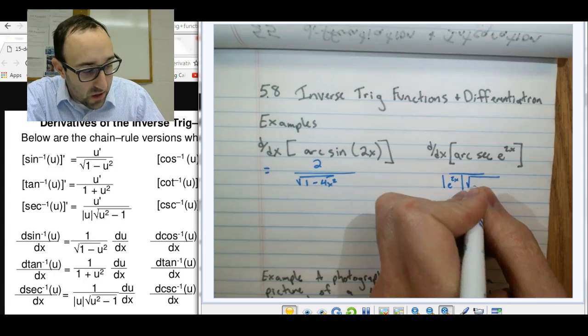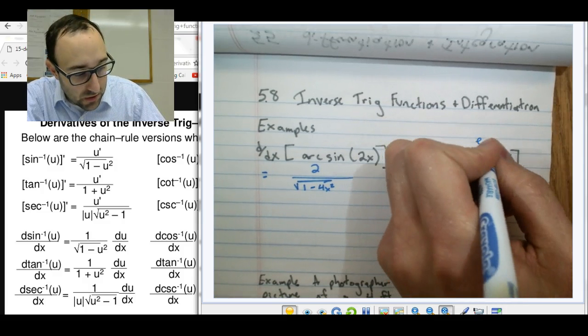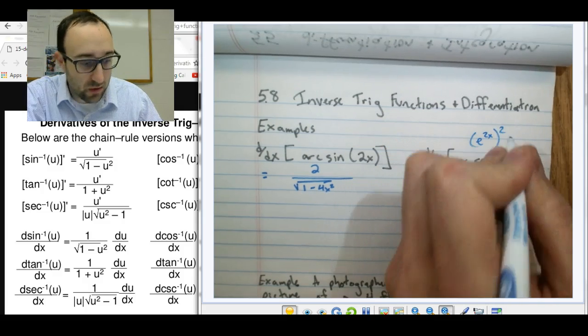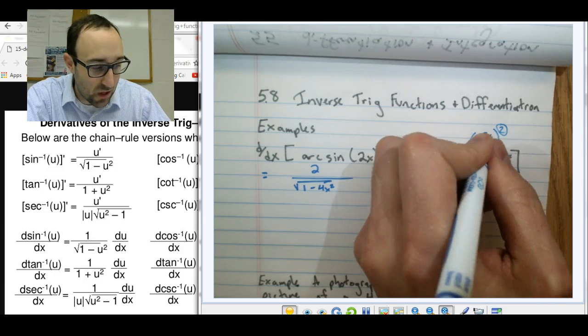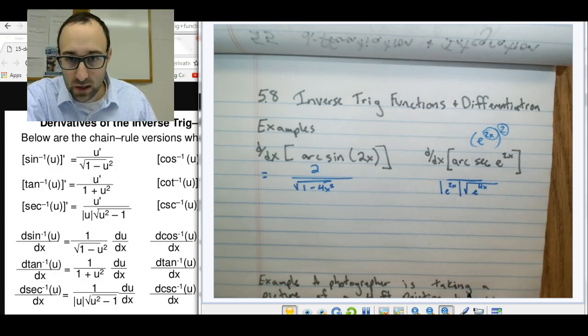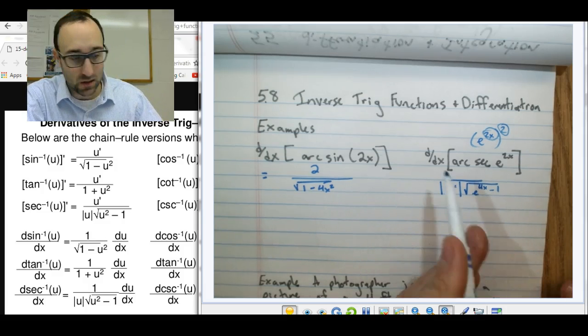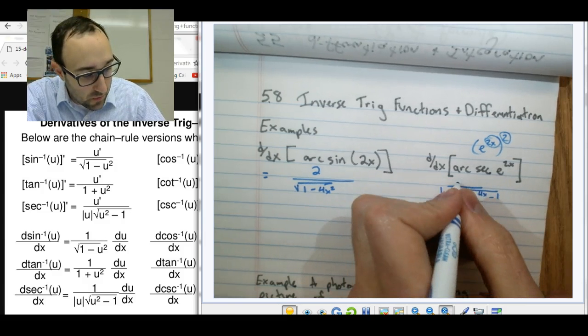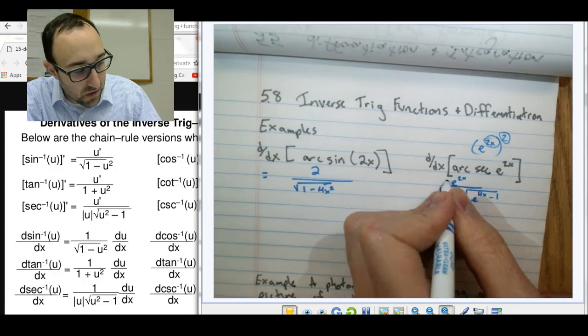So it's going to be e to the 4x, because if you think about it, e to the 2x squared, when you take a power of a power, all you're doing is multiplying this 2 times this stuff. That gives you 4x, and that's going to be minus 1. Then we have to multiply by the derivative of e to the 2x, which is e to the 2x times the derivative of the 2x, which is just 2.